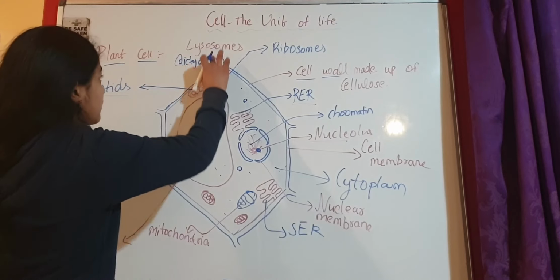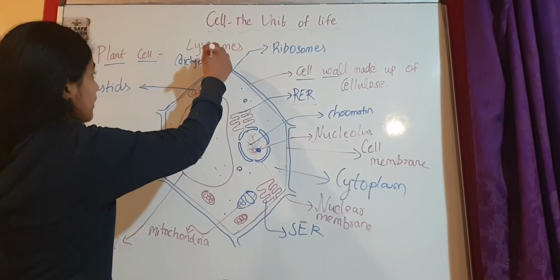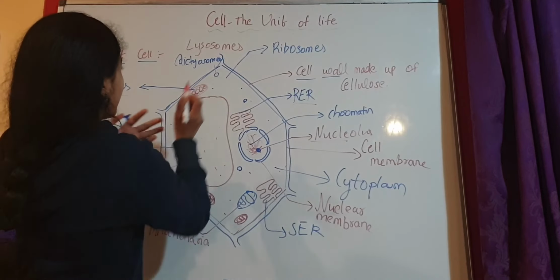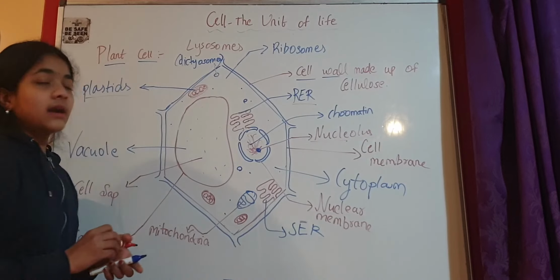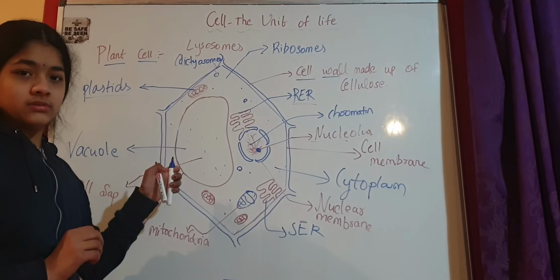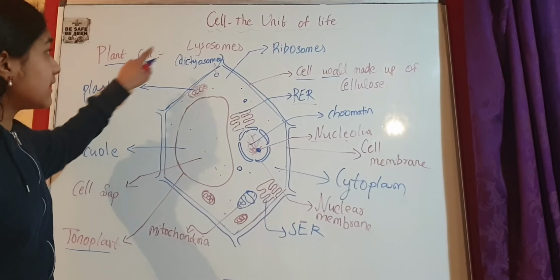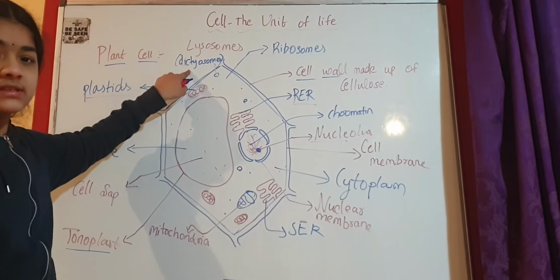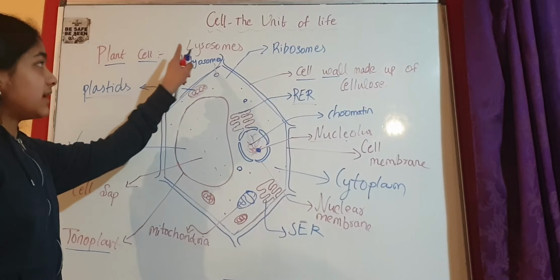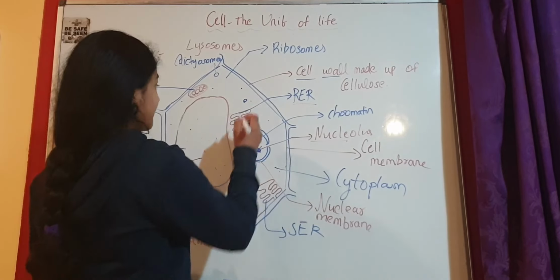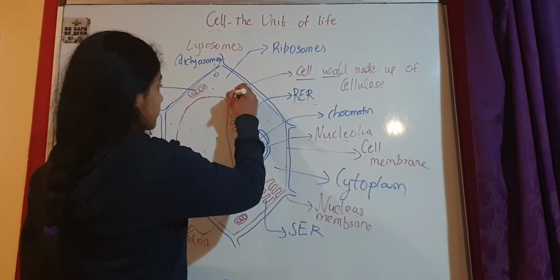So plant lysosomes have got a different name, which is dictyosomes. So that is lysosomes. Next we are going to see one more organelle, and here we are going to draw it.